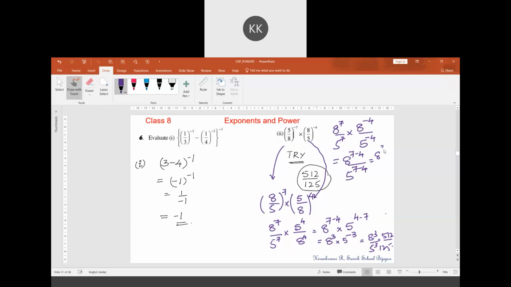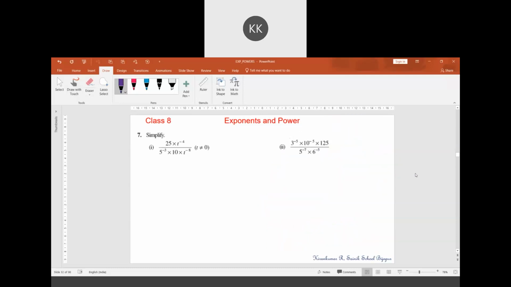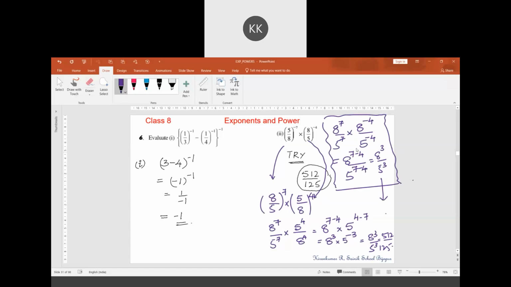We straight away get 8 cube by 5 cube. Yes, in this way also we can do it. Correct. Good. Yes, sir, we can solve it in this method also.